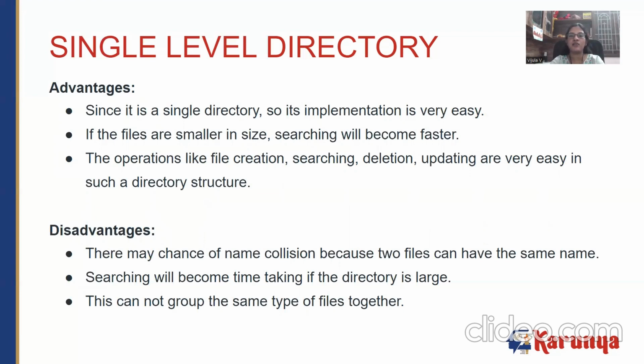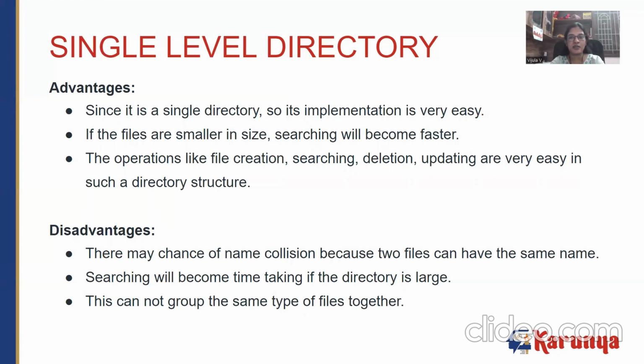And if the files are smaller in size, the searching becomes faster. We get our results faster and we'll be able to locate the files in a quicker way. And operations like file creation, searching, deletion, updating are very easy in such a directory structure.